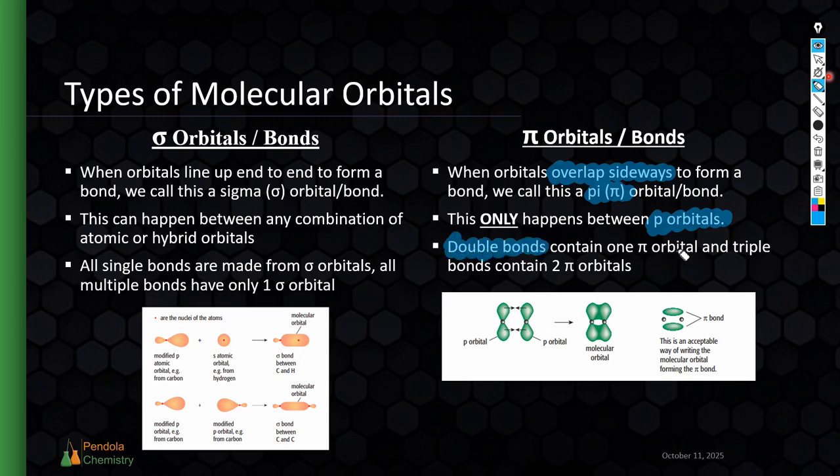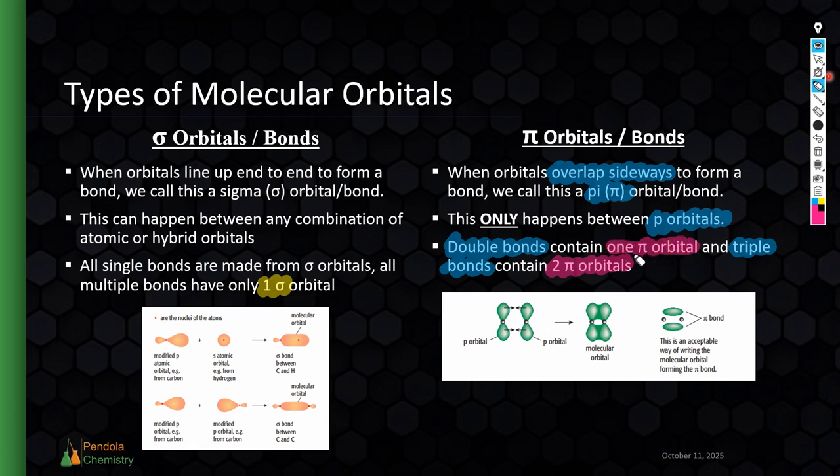When we have a double or a triple bond, we said that one of those bonds is going to be sigma. Well, the other bonds, whether it's the one other bond in a double or the two other bonds in a triple, are going to be pi bonds.